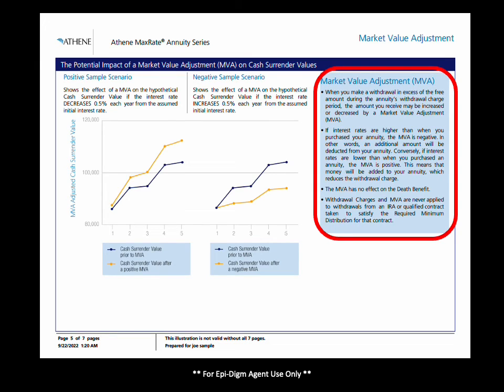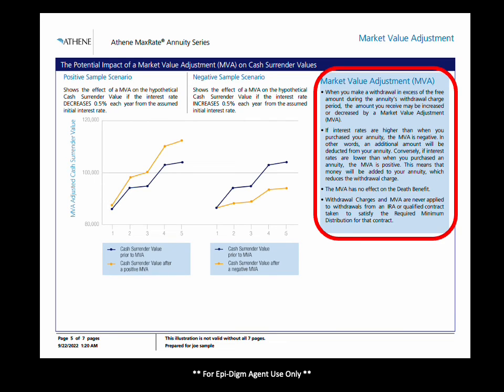But in addition to surrender charges, depending on the experience of the market, if interest rate is better than what Athene originally planned, you get positive MVA, which means your surrender charge will be less than what is posted.